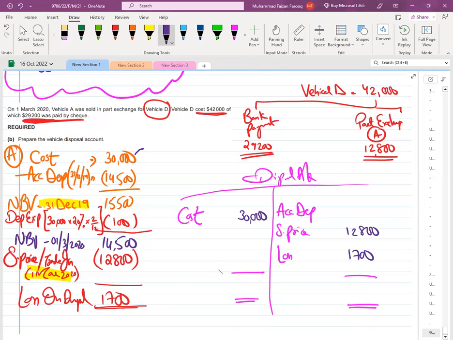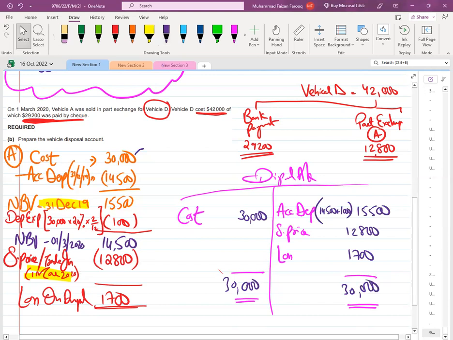Accumulated depreciation, how much should I write? We will add the 1,000, so 15,500. Yes. 14,500 is the depreciation till December and 1,000 is depreciation for 2 months, so 15,500. And we can see this account got auto balanced, means we earned full marks.